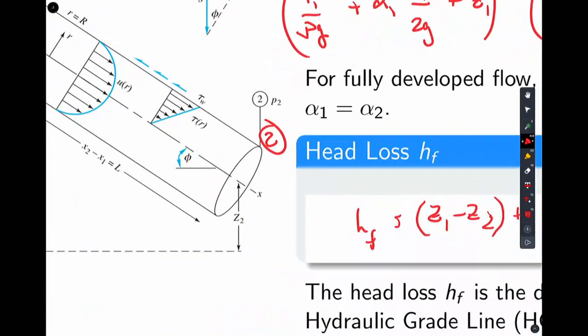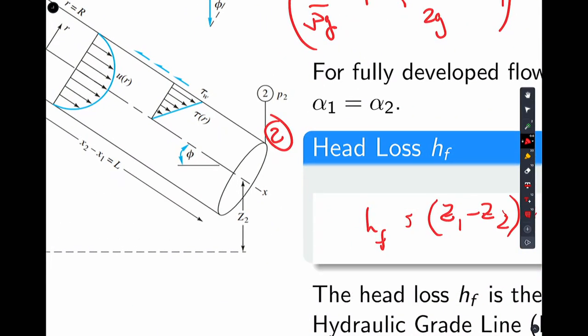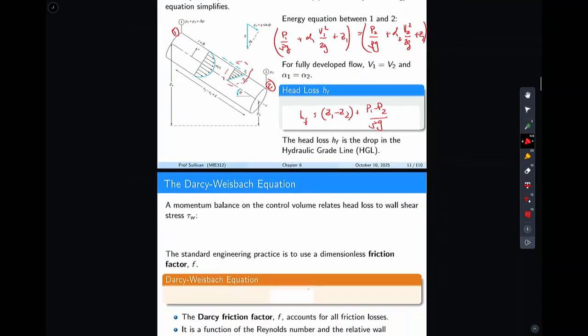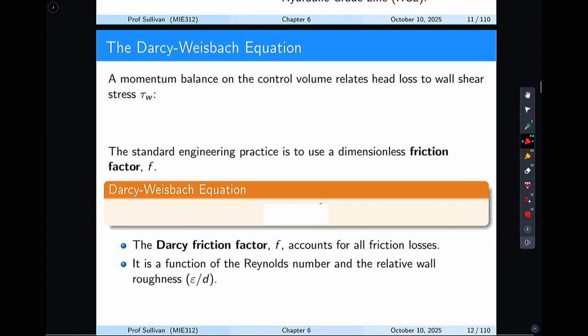Now, if you look at that shear stress at the wall, we can say that h_f is 4 times the wall shear stress over rho g D. The head loss is just 4 times the shear stress at the wall times the length, divided by the weight and the diameter.